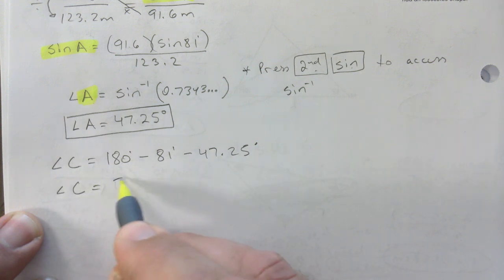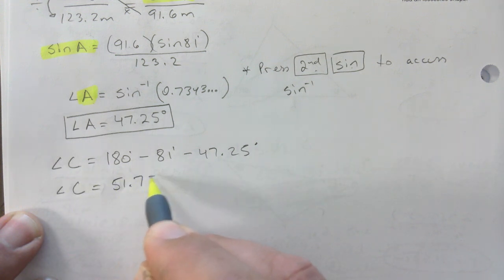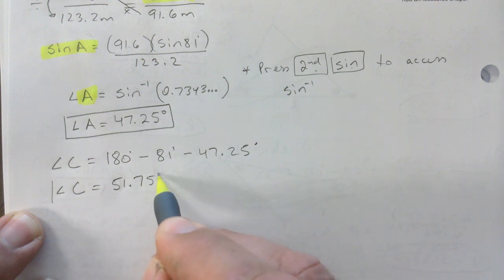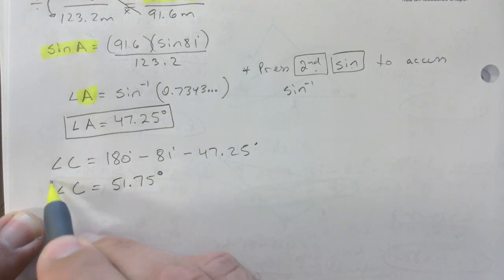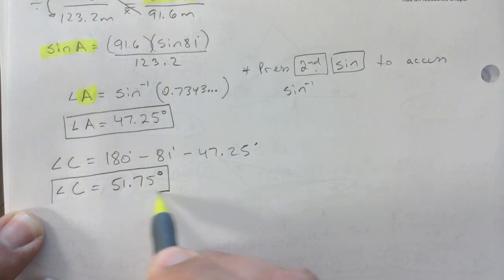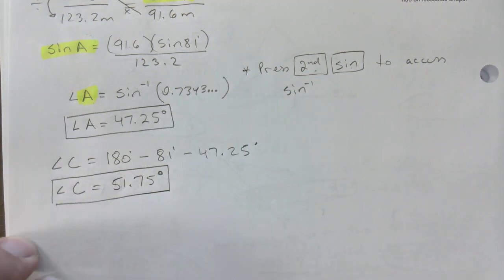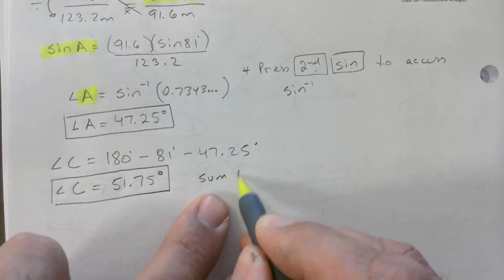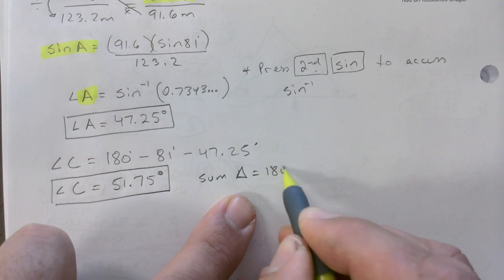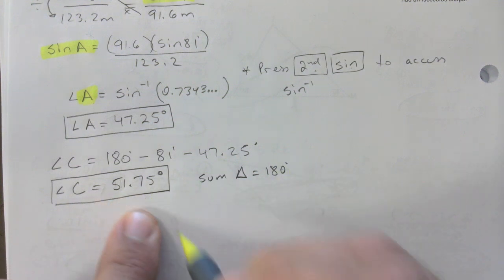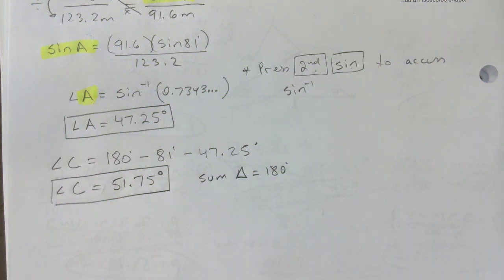Angle C is 51.75 degrees, don't forget the degree symbol. I used the sum of a triangle is 180 degrees to come up with that. Just showing you what I did there. In this case, there's no other way you could have done that because you don't know the side across from angle C.